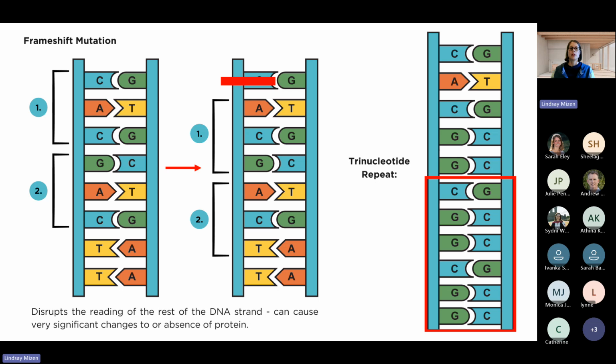Now you might have heard of the word frame shift in terms of mutations. This is where the fact that the DNA is read in these triplet, 3 base pair frames is important. So I've tried to illustrate it here in as basic a way as I can.